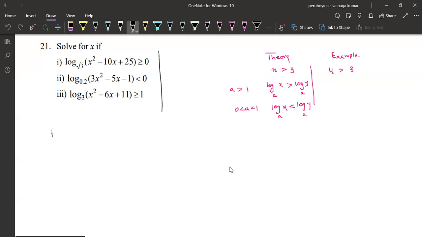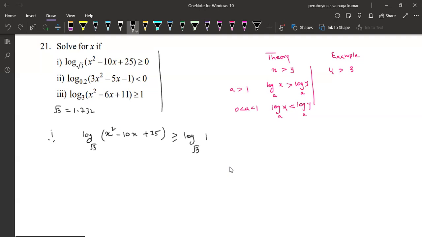Look at the first problem. First problem, root 3. And we know that the root 3 value is approximately 1.732. It is more than one base, right? So is the inequality changing or staying the same if you are applying or removing logarithm? So you can write 0 as log 1 base root 3.